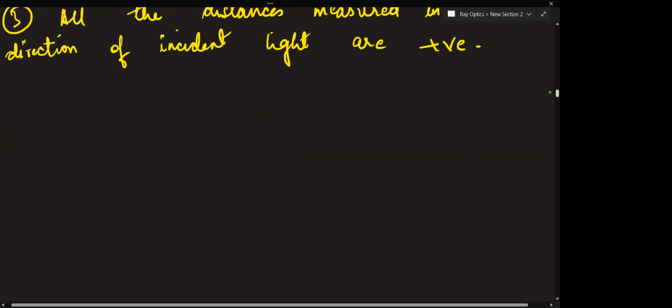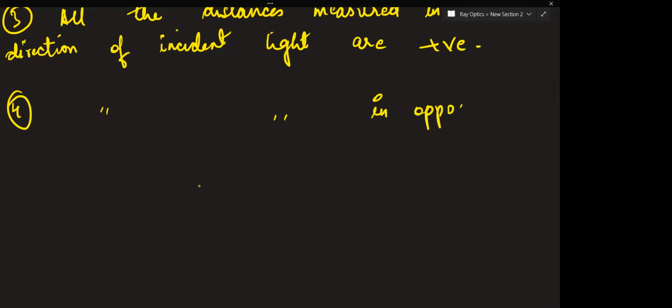And definitely the opposite point will be what? All distances that are taken in the opposite direction of the incident ray are taken as negative.